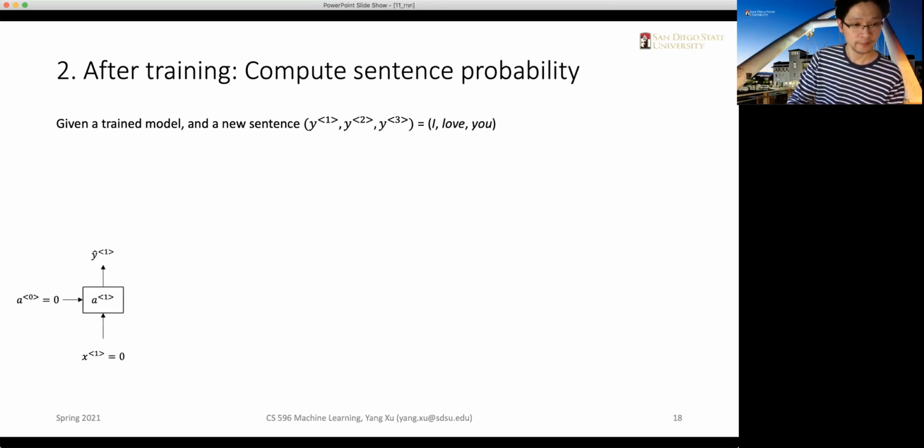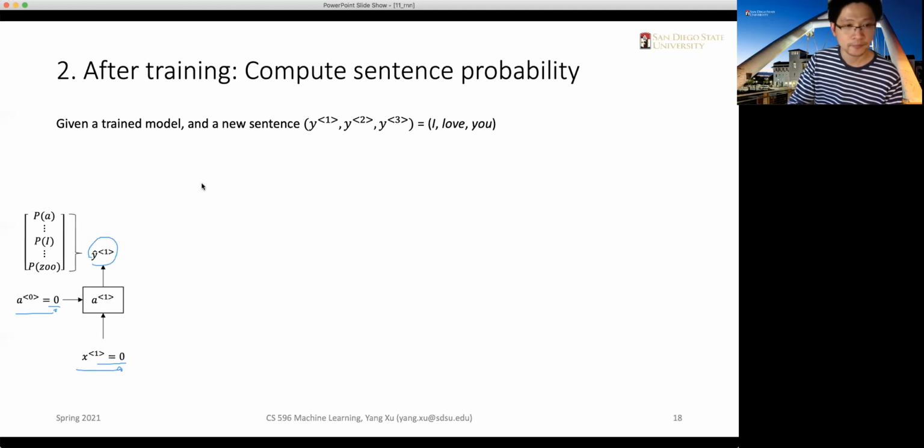Let's say the first word in the first step of generation, compared with the previous slide, everything here is the same, right? When generating the first word, there's no context, so we will let the inputs and the activation be 0. So y hat 1 will be the word being generated.